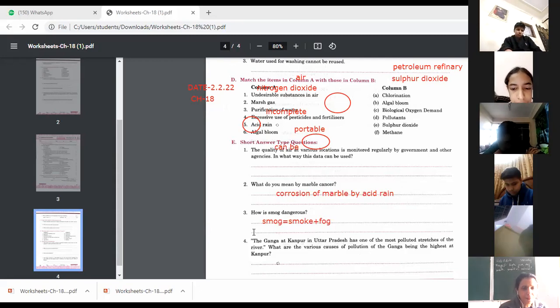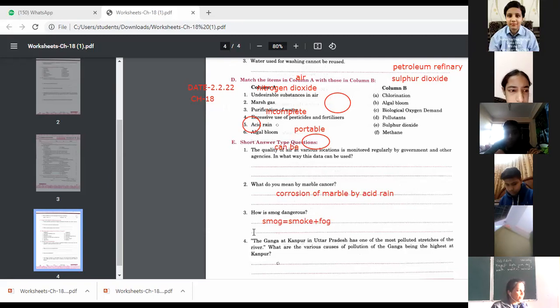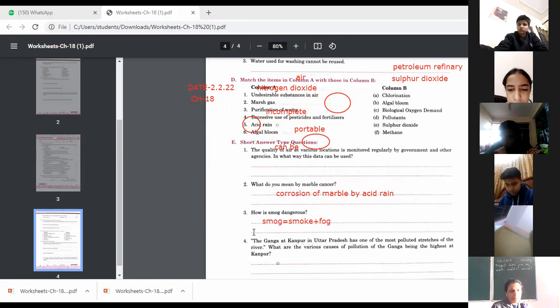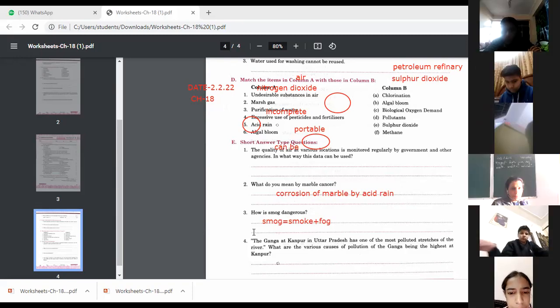Sarthak Sehgal? Ma'am, many Hindu rituals are done in Ganga, and Kanpur is one of the major Hindu cities. That's why it's more polluted compared to others. Okay, fine. So the first point is done: many Hindu rituals are done in the Ganga river. Yes, Sarthak Singh Rao? Many people bathe in the river.